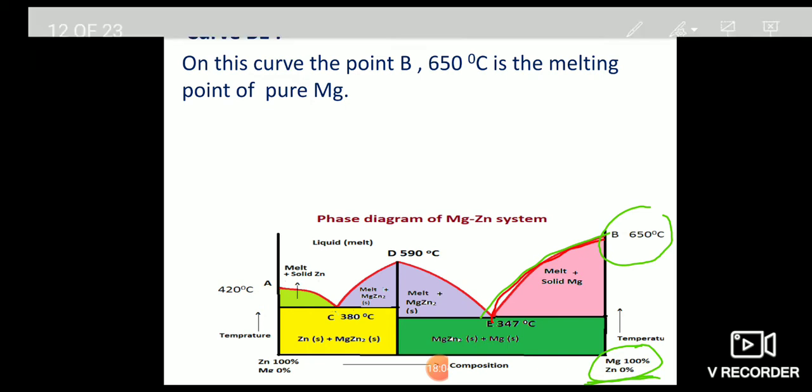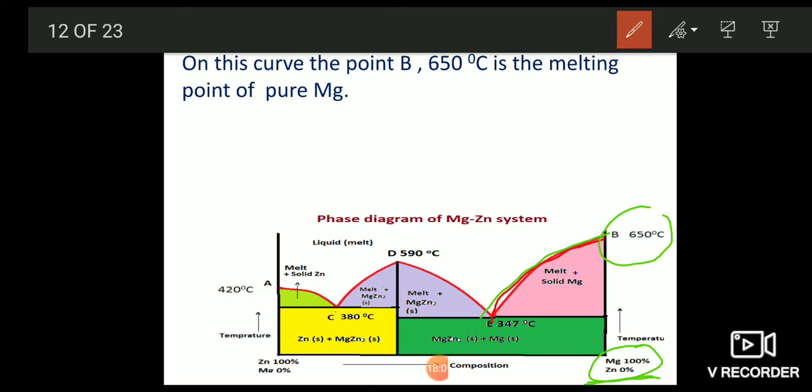Now what we observe? On going from right to left, that is on increasing zinc, that is on successive addition of zinc, what is happening to the temperature? On this curve, at the various points, the temperature is decreasing. The corresponding temperature is lower than 650, still lower, still lower, and here we got 347, the eutectic point E. So that is what is happening.